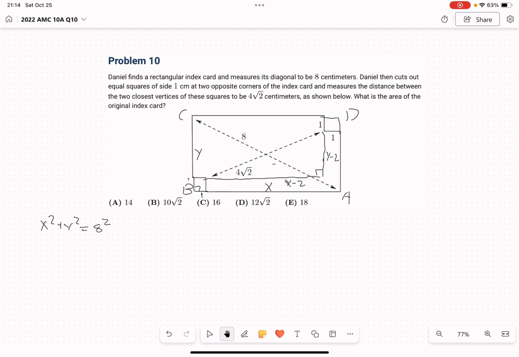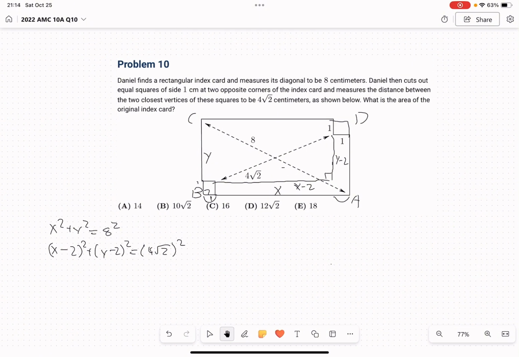So this whole length of x gets subtracted by 2, as we lose 1 on the left side and we lose 1 on the right side. Minus 1, minus 1. Now we can put that into the Pythagorean theorem by doing x minus 2 squared plus y minus 2 squared equals 4√2 squared.